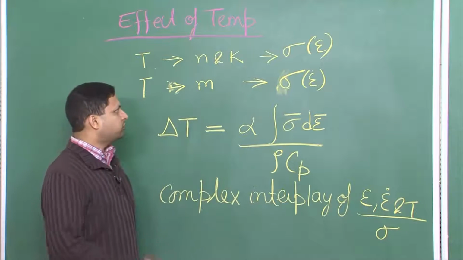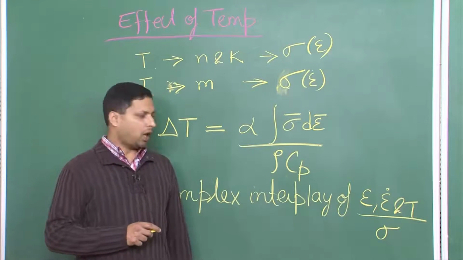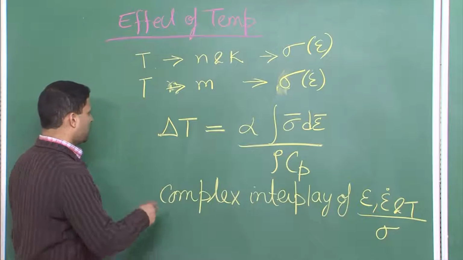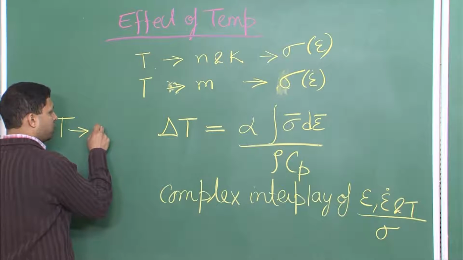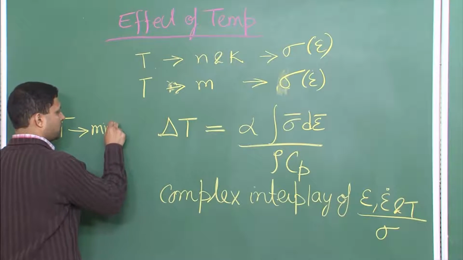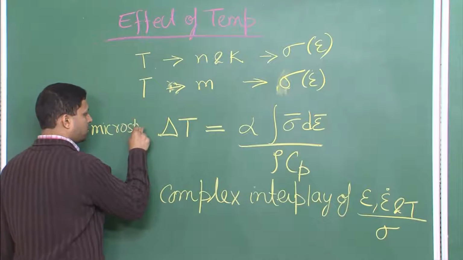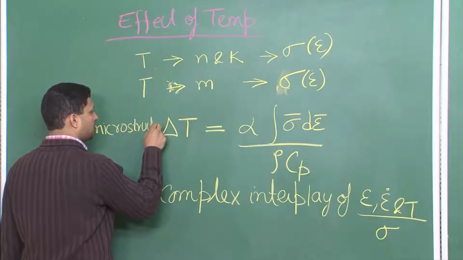Now, once we have seen the effect of temperature, we also talked about the origin for this, and the origin is that temperature influences microstructure, the structure at the micron level.